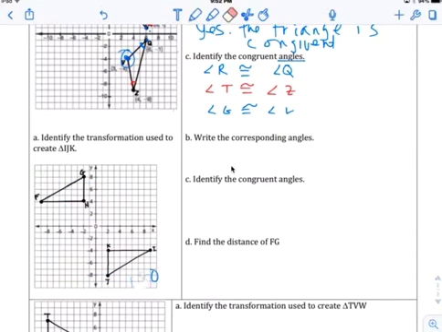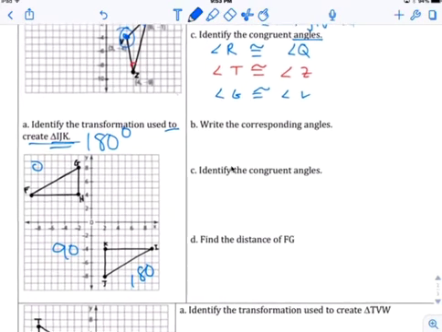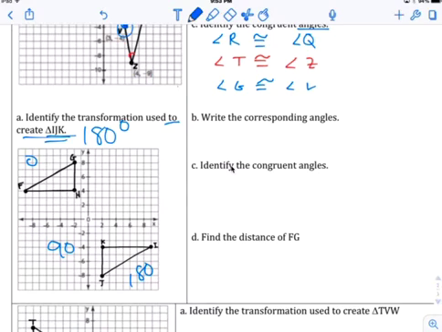Zero is here. That's used to create this. You're right, that's 0. To create that, 90, 180. 180 degrees. Clockwise. Doesn't matter. You can put counterclockwise.